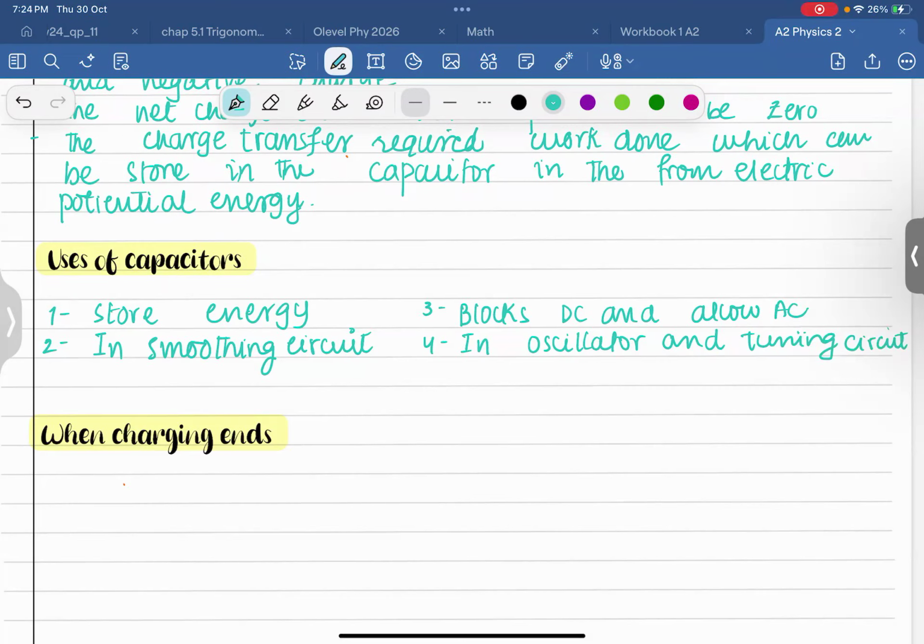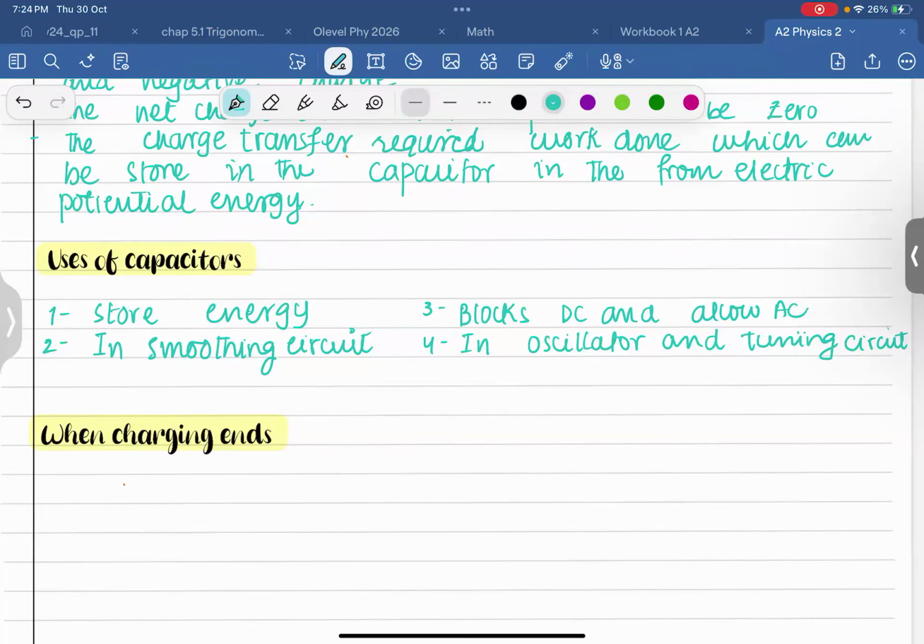Oscillator circuits are basically a type of circuit in electricity in which the energy oscillates from one point to another point. You don't have to remember the definition of the oscillator circuit. You just need to remember that the capacitor is used in the oscillator circuit and tuning circuit.